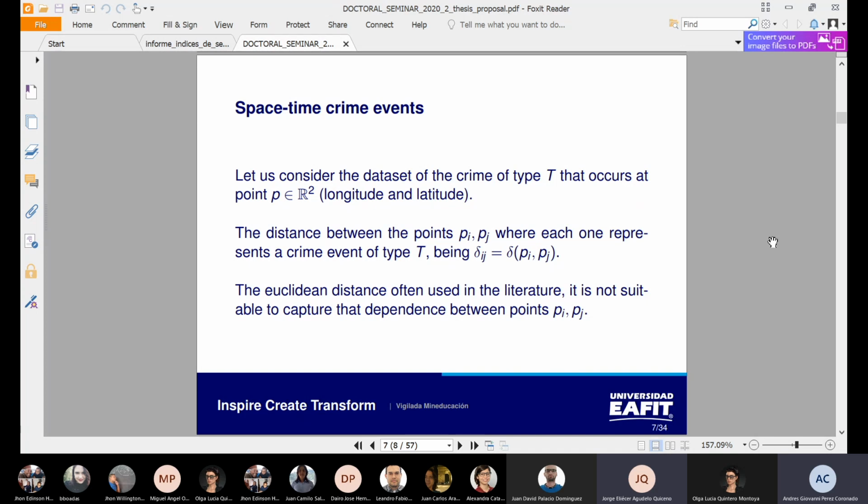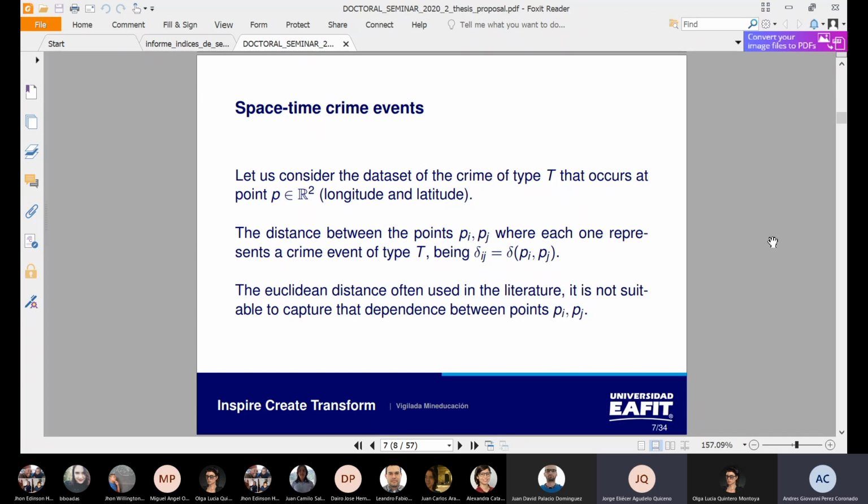But what is really the problem in the mathematical approach? The space-time crime events. Let us consider a data set of crimes of type T. This could be homicide or murders or theft or loan sharking, small loan sharking, or drug trafficking, and every crime occurs at a point P that belongs to R squared.